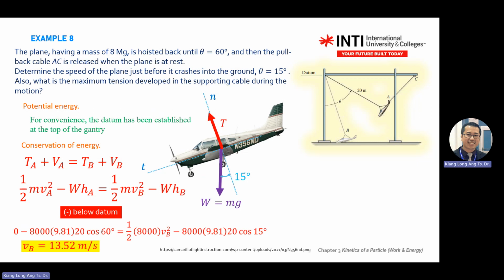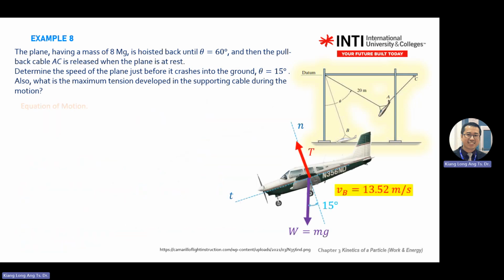Again, your v_B is tangent to the curve. This is your v_B in the tangent direction. You use the equation of motion again: F equals ma. If you cannot find anything that links to the normal force or tangent, use F equals ma. Because in the free body diagram, you have the tension in the cable and W, which you can find, but the tension cable or the touchdown normal force, F equals ma will help you.